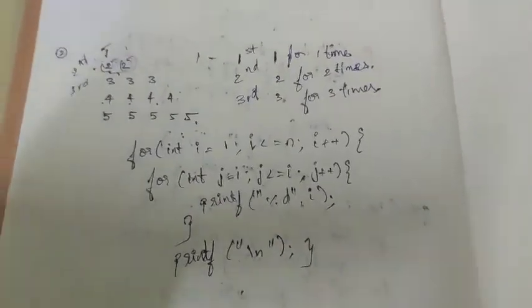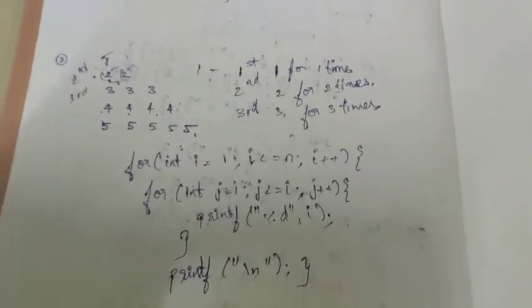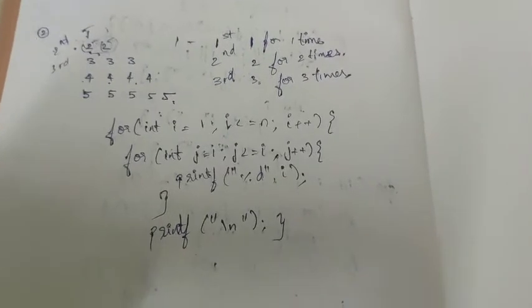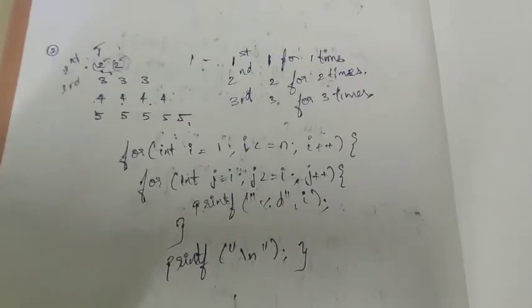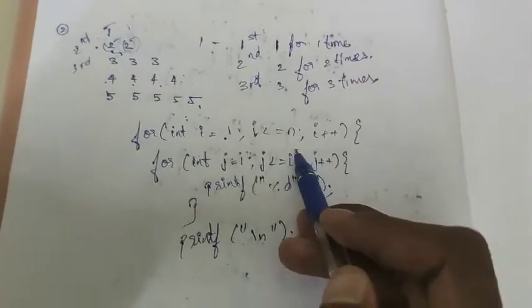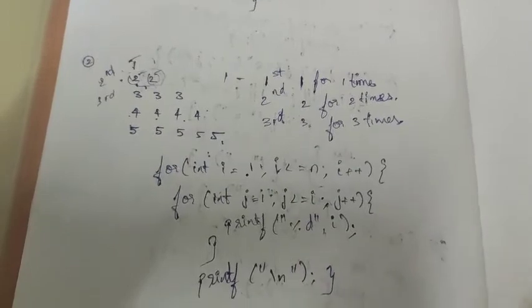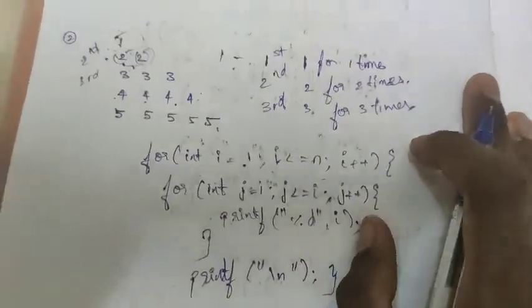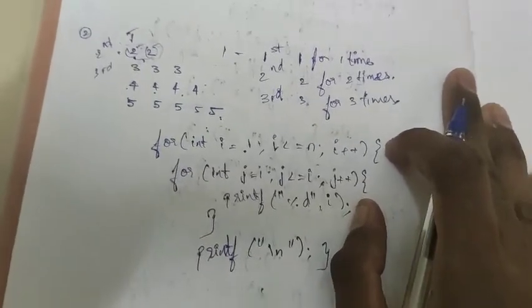So what are the advantages of printing this pattern in numbers? When I reverse this pattern, I set i is equal to n, i greater than or equal to 1, i minus minus. This means I am going to print the pattern from n to 1, that is in reverse.